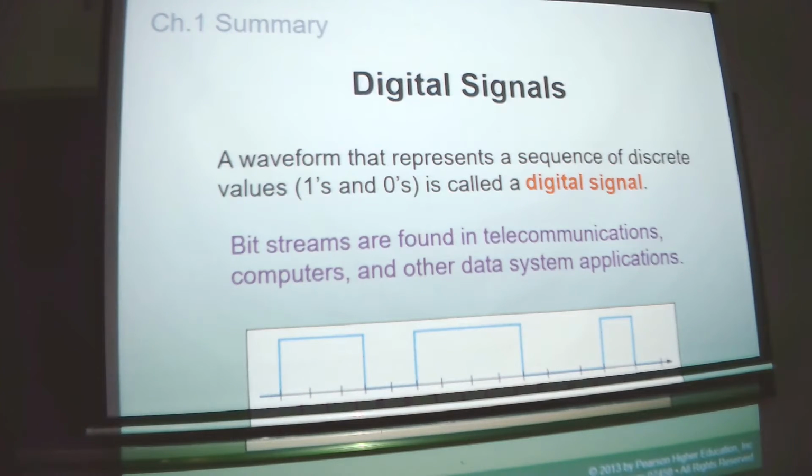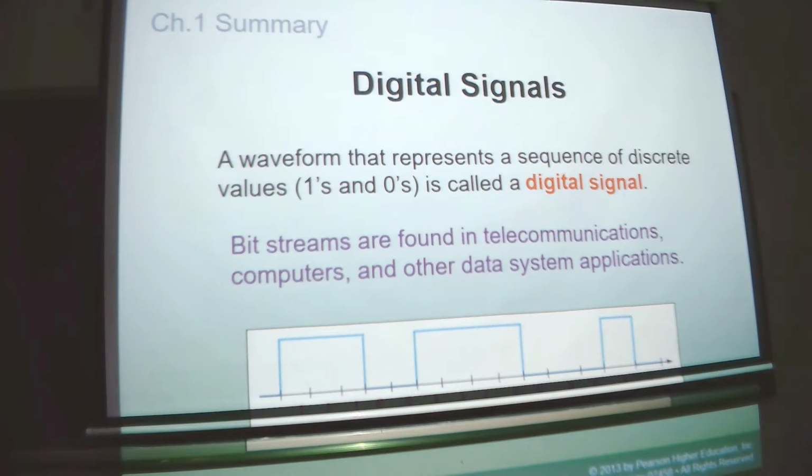Just one bit. We can say they have only two values. But if we use many bits to represent the discrete values, they can be larger.